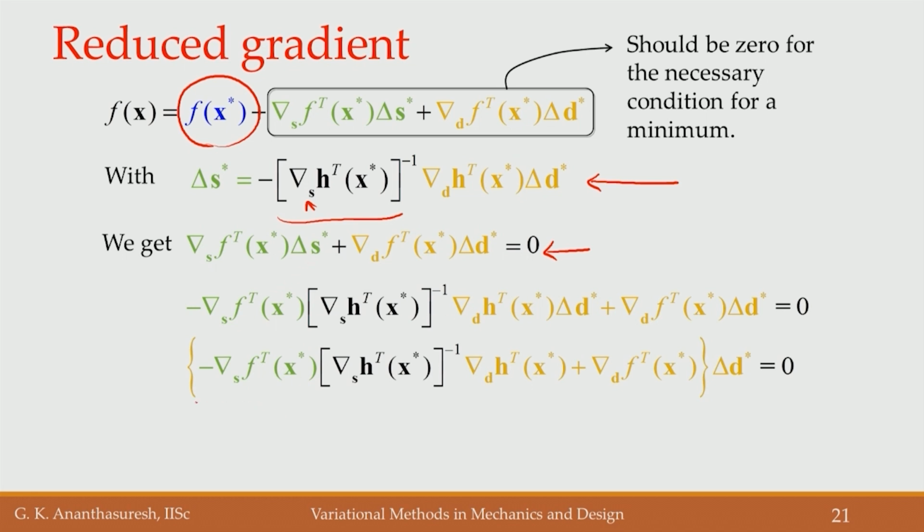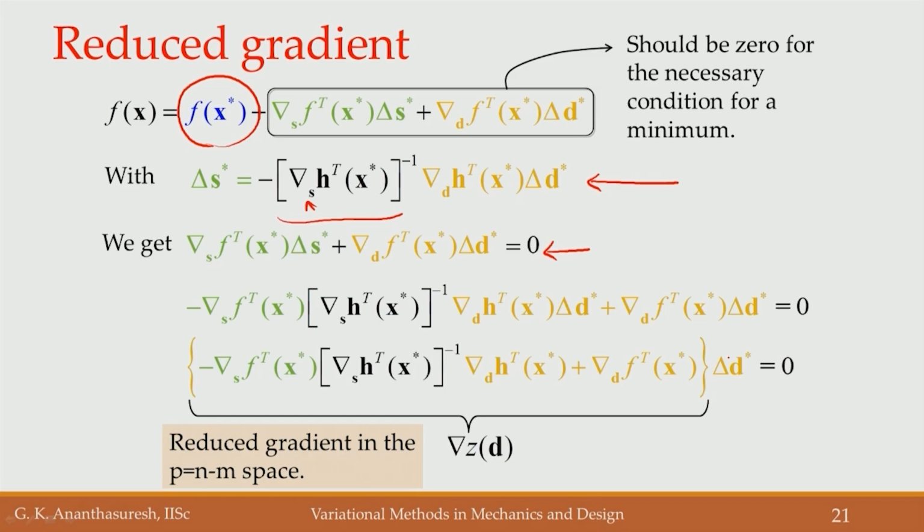So, what we have here is minus gradient of f with respect to S times the inverse of gradient of h with respect to S, times the gradient of h with respect to D evaluated at that point, and then the gradient of f with respect to D, all of that we have, right. So, now just like what we had done earlier, first of all this is called the reduced gradient, reduced because it is reduced to the n minus m variable space.